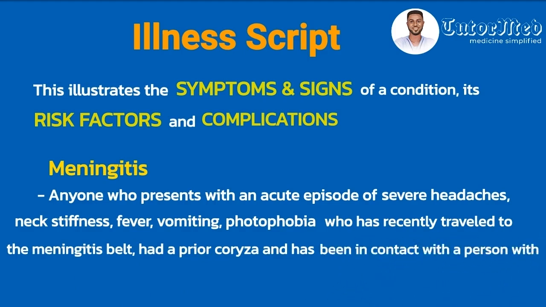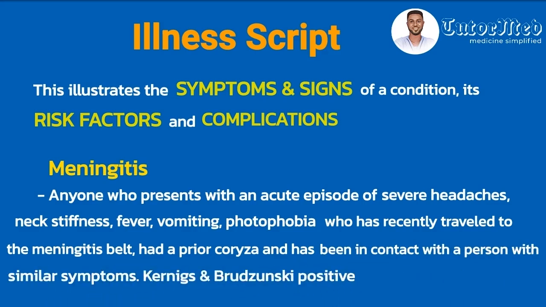This same person has been in contact with a person with similar symptoms, and on examination, Kernig's sign and Brudzinski's sign are positive. This script shows the symptoms of meningitis first, and you see that it was followed by the risk factors for meningitis, and then there were positive findings suggestive of meningitis.